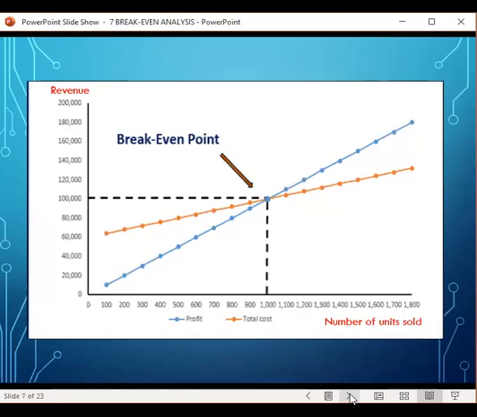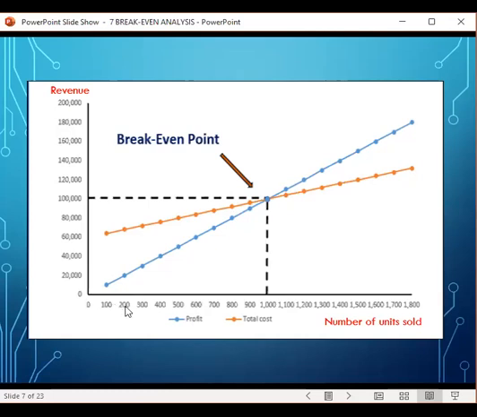Now, try to look at this graph. On the x-axis, you have here the number of units sold. On the y-axis, that is the revenue. Try to look at the blue, the red one. The red dot is the total cost. And the profit is in the blue one.